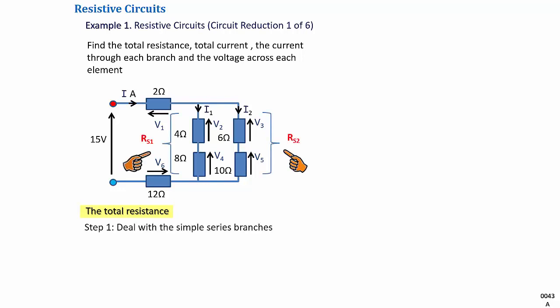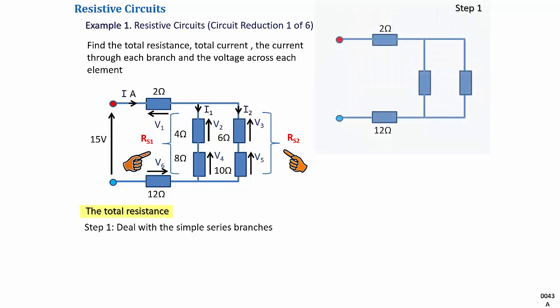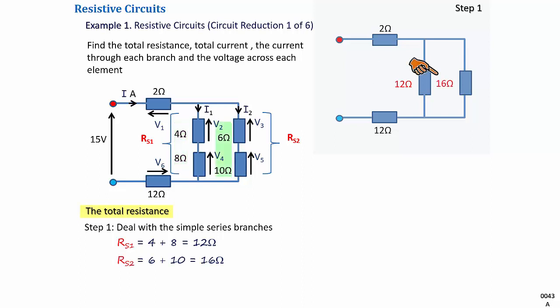Step 1. Deal with the simple series branches, of which there are two, RS1 and RS2. So, RS1 equals 4 plus 8, which equals 12 ohms, and RS2 equals 6 plus 10, which equals 16 ohms.